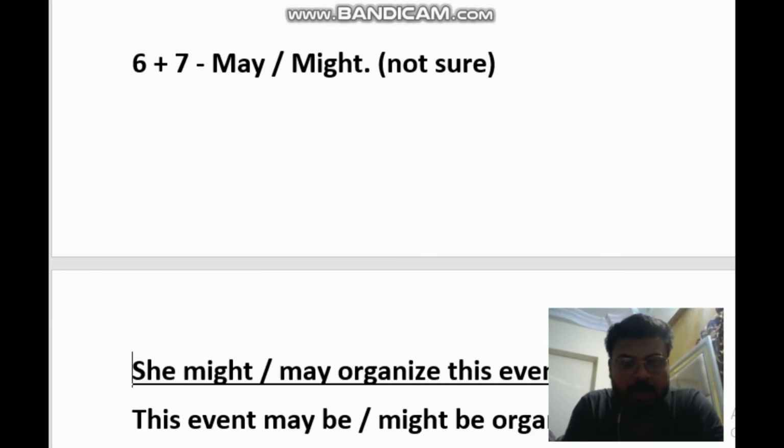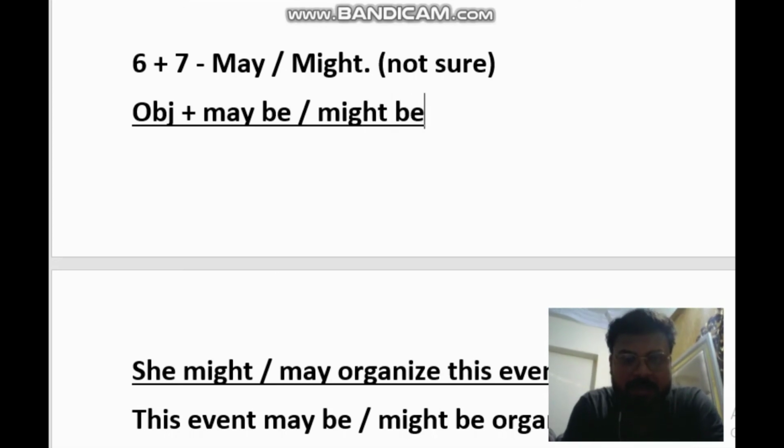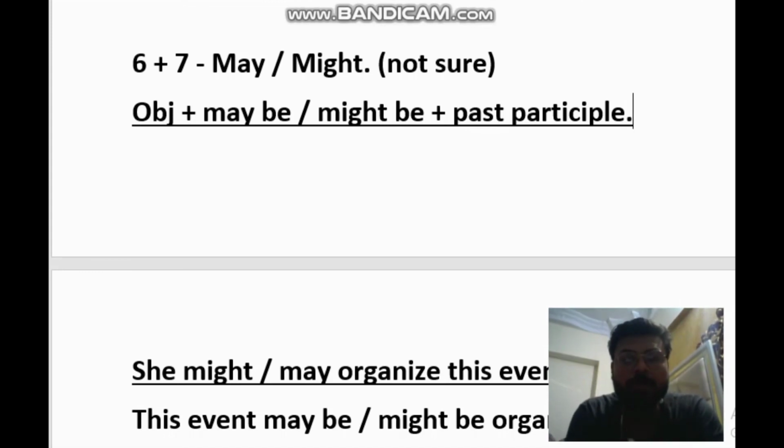The formation was object plus may be or might be plus past participle. You see, with all the passive voices that we have learned so far, with the modal verbs or with other tenses, we always use object first, and we must use past participle, because without past participle there's no passive, right? The sentence is going to be wrong.